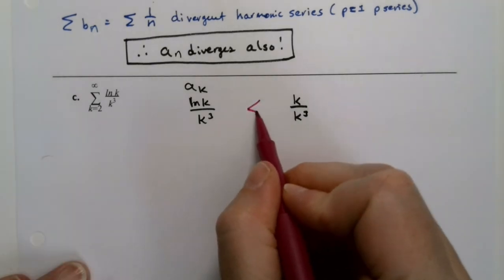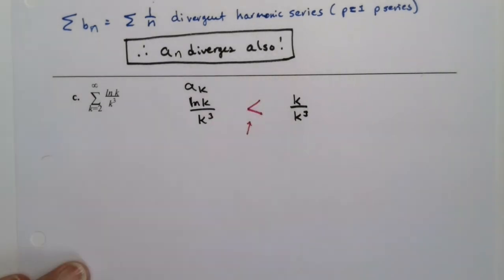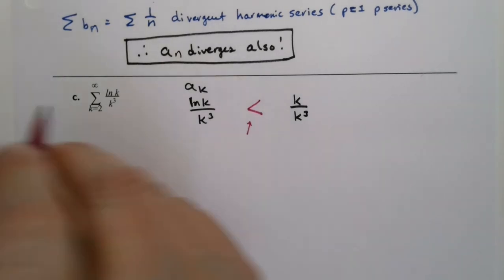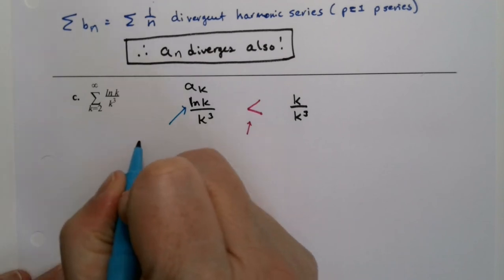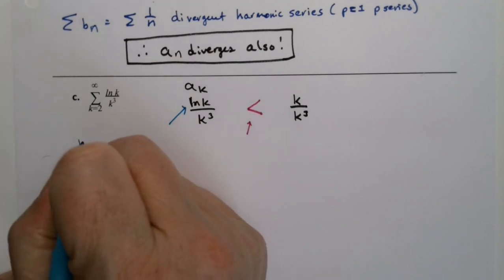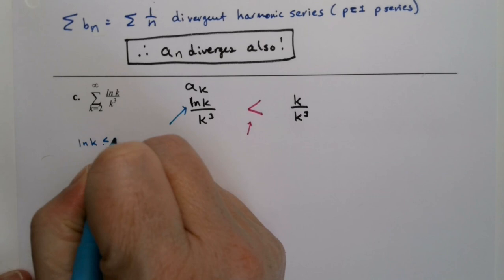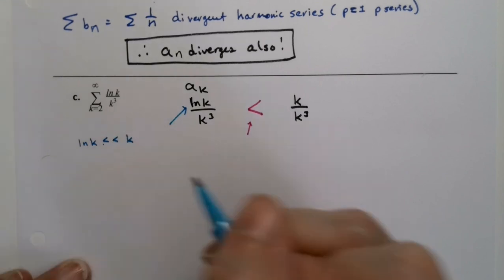It just is because of theorem 10.6. Okay, so let me make a little note, which is kind of explaining why this is. So the natural log of k is less than k. Right?